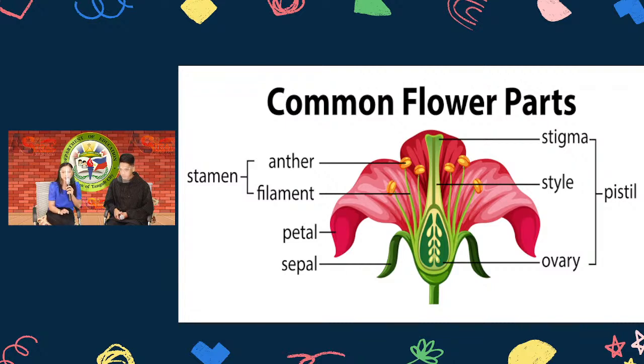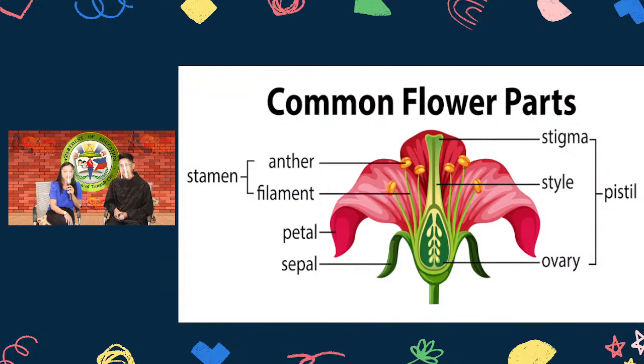So the stamen, which is again the male reproductive organ, consists of a long stalk called the filament, and a swollen head called the anther, which consists of numerous tiny pollens, which are the male reproductive cells. So again, the male reproductive cells are called pollens.